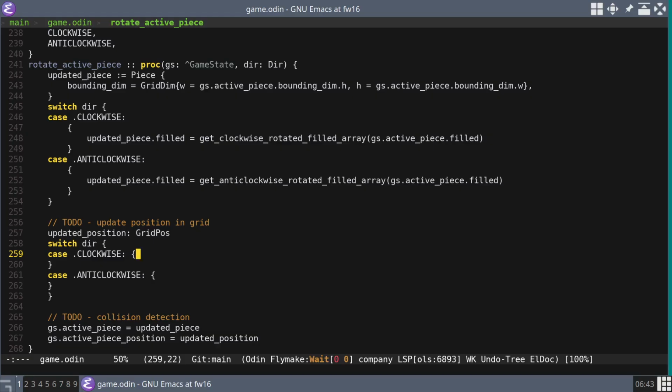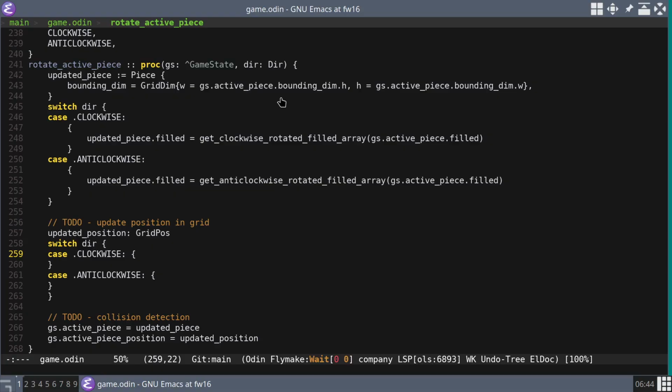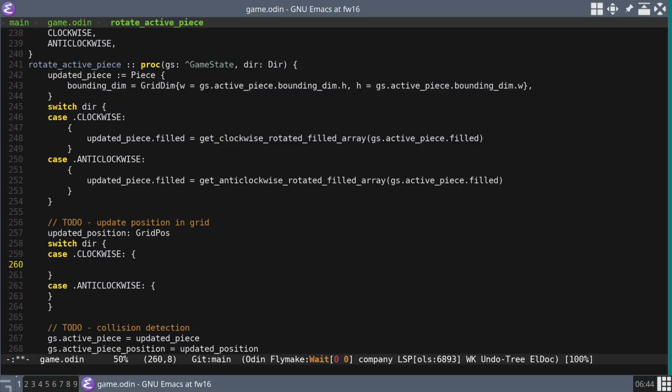Right. So if we're rotating clockwise, then this is the case where we care about where the point that's currently at position plus width maps to. So how do we say this then? So it's something like bottom right.